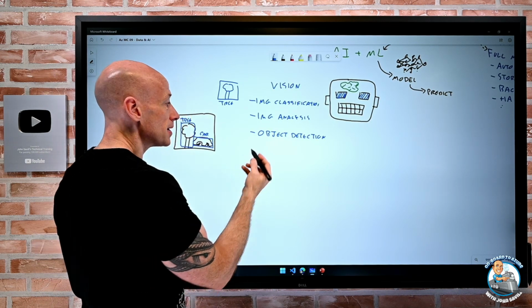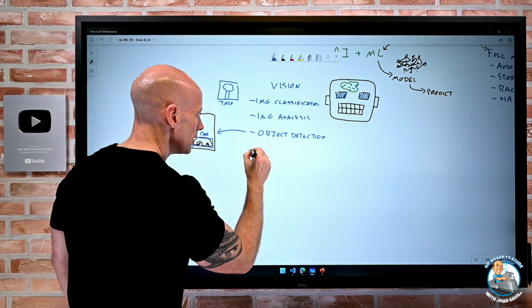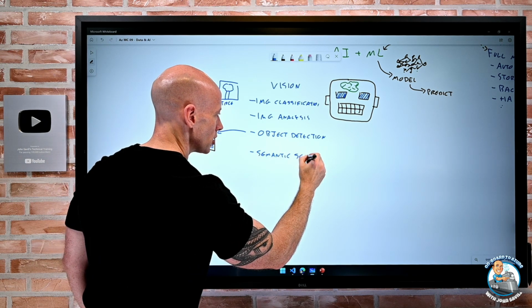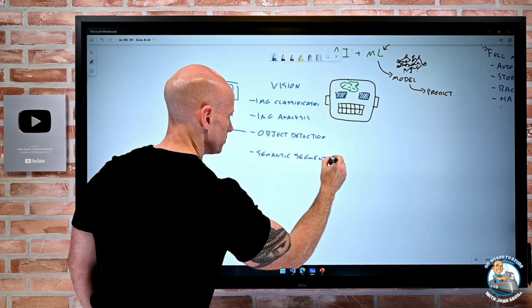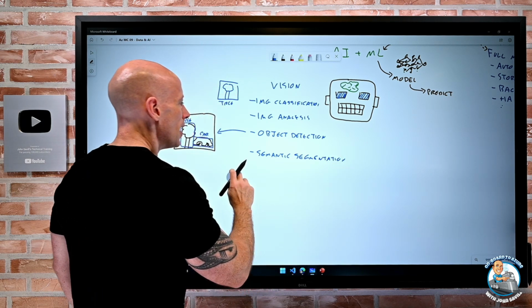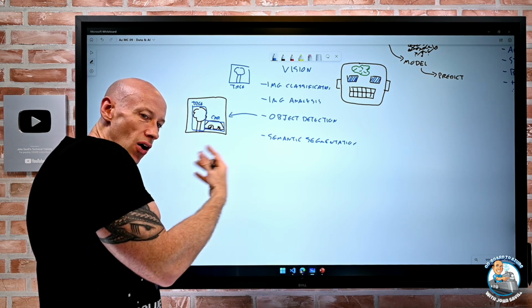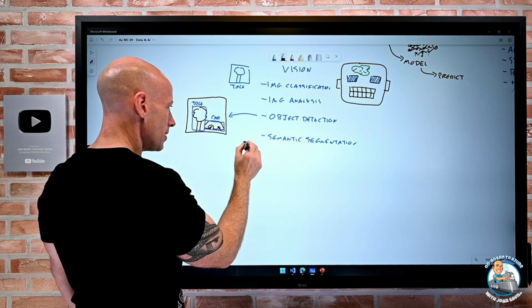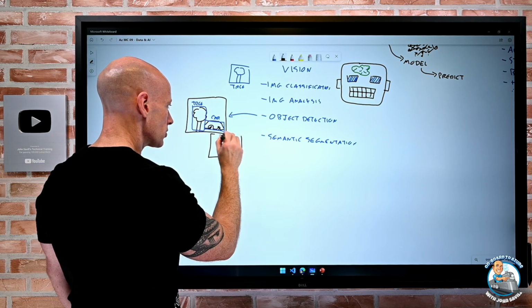There's semantic segmentation. And we see this a lot when we see these ideas of artificial vision systems. It looks really, really cool. So in this case, it might be exactly the same picture. I'm just going to draw it the same.